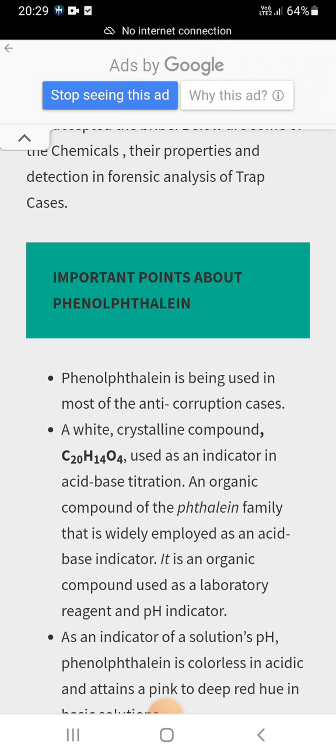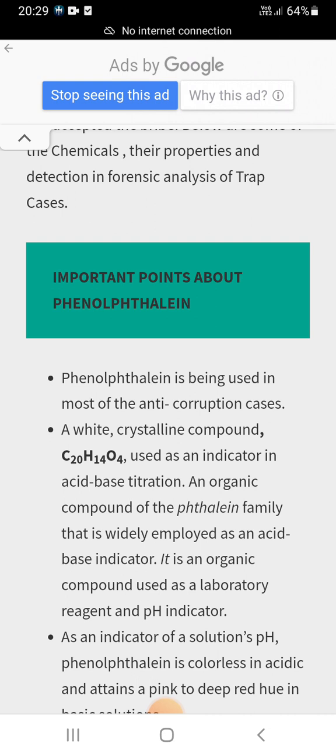Let's talk about some facts about phenolphthalein. Its molecular formula is C20H14O4, and this phenolphthalein is an indicator which is used in acid-base titration. It belongs to the phthalein family.